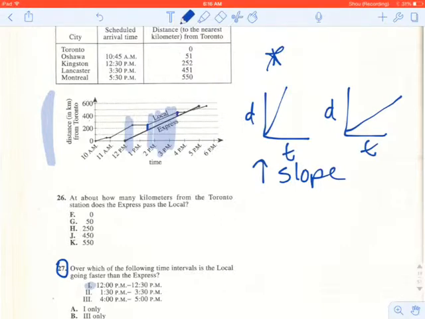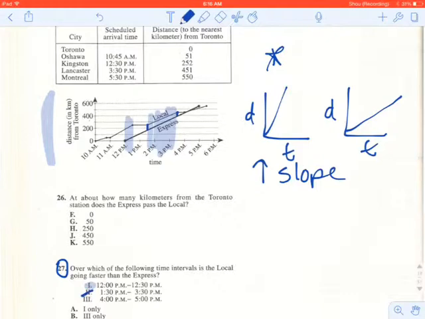And you'll see that there's less up top. So that means the express must be going faster than the local to narrow that distance, to close the gap between the express and the local, right? And that should make sense that if there's less distance between them, then the express must be going faster. It's catching up, right? So we don't want that.